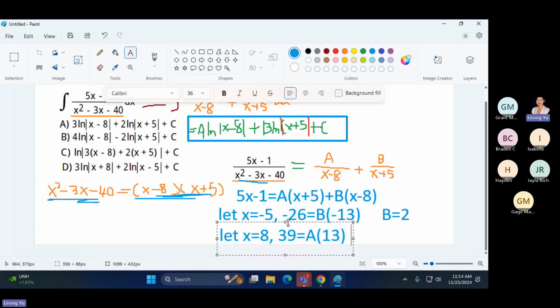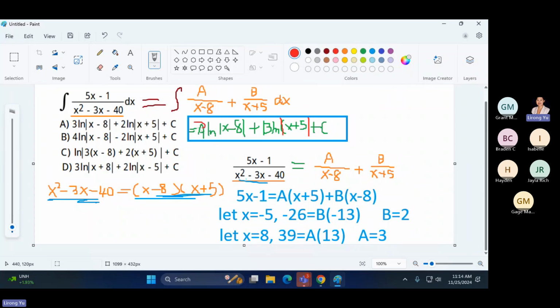Right, and that allows us to solve for a, and a is actually equal to 3. So now we know the numbers for a and b: a equal to 3, b equal to 2. So the original answer will be clear after we have the a and b values.